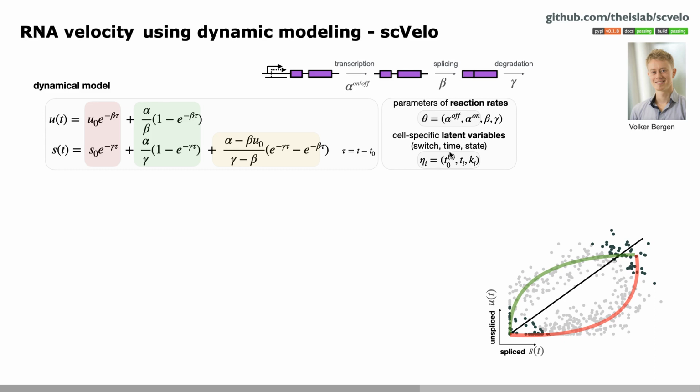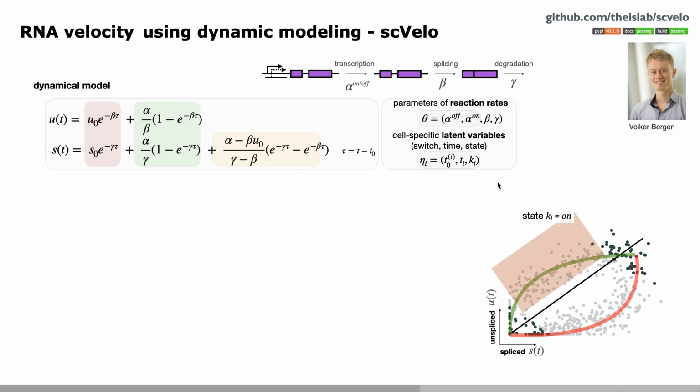At switching time, we have the time state, and we have a so-called, let's say, state parameter. I'll tell you in a minute how we assign different states. We can solve the ODE model, the system of ordinary differential equations, in a linear algebra fashion, and can now do a parameter estimation for all the different parameters that we have in the model.